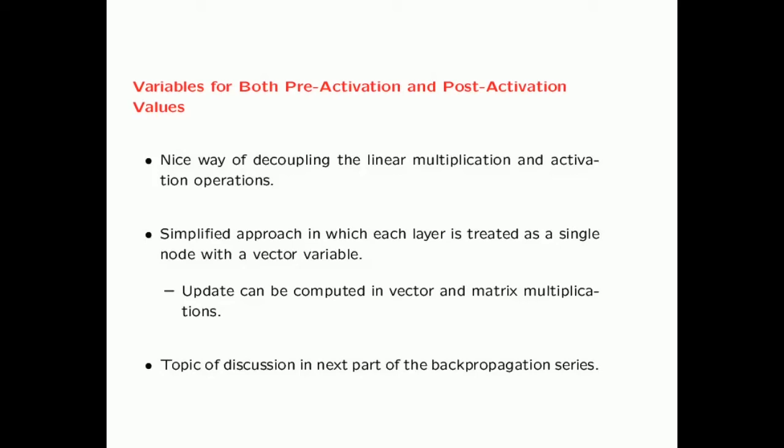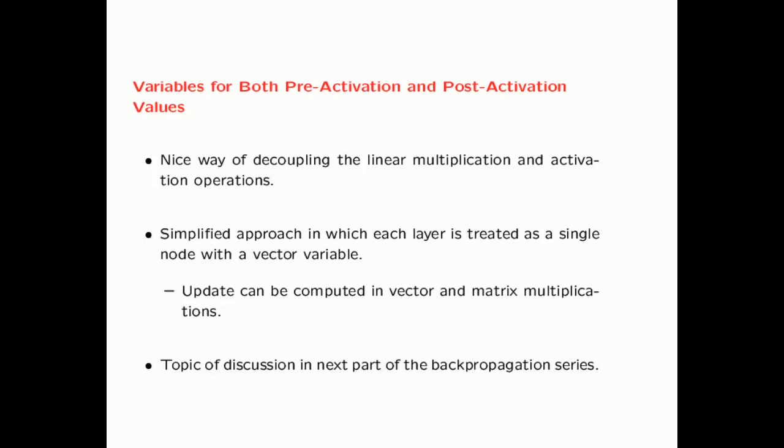And the update can be computed in vector and matrix multiplication. So this is very convenient because when you look at real implementations of neural network backpropagation, they are done using matrix multiplication. So in GPUs, for example, that's how you would be doing things. I will leave this to the next part of the backpropagation series, but I just wanted to briefly mention this point here.